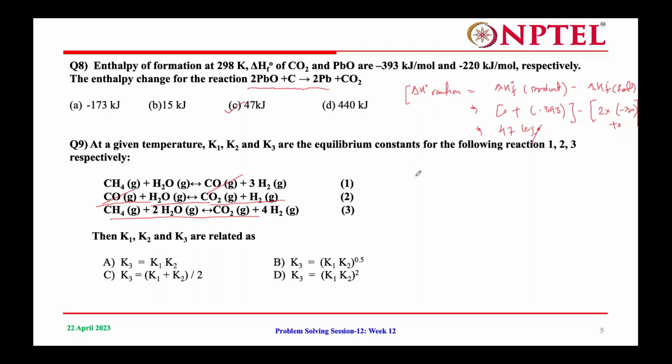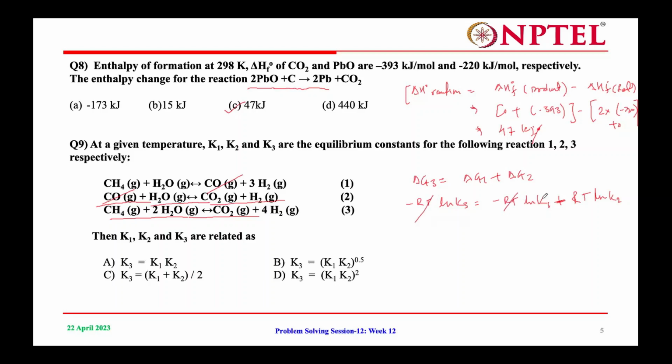So delta G3 equals delta G1 plus delta G2, which is equal to minus RT ln K3 equals minus RT ln K1 plus minus RT ln K2, right?